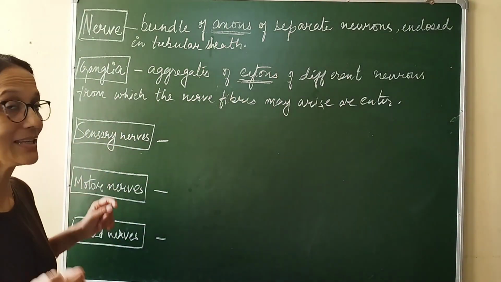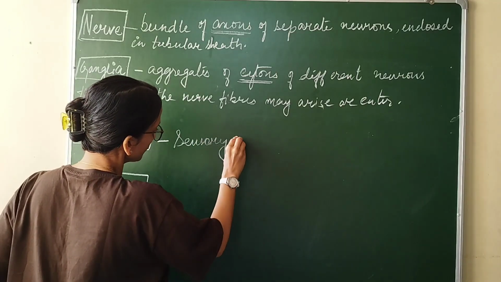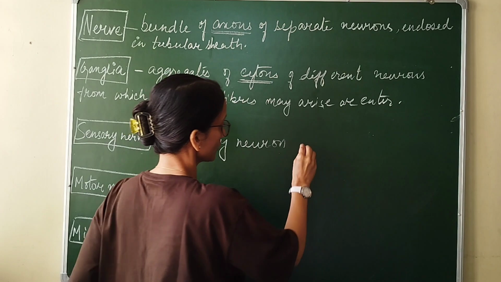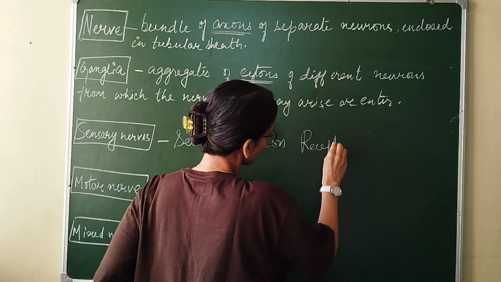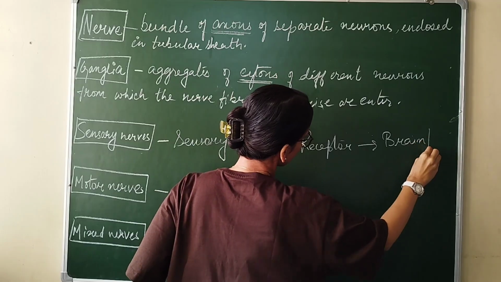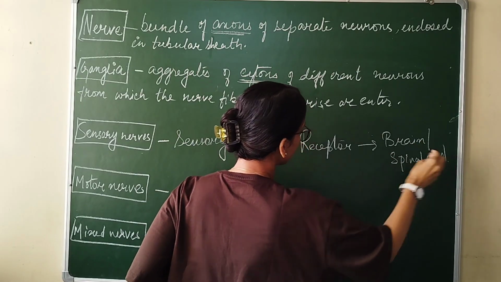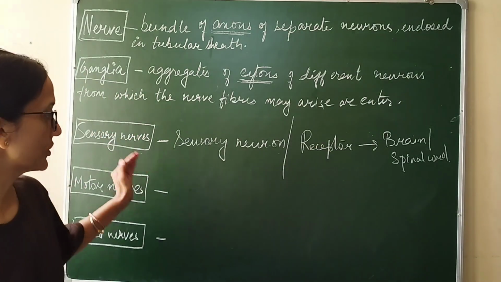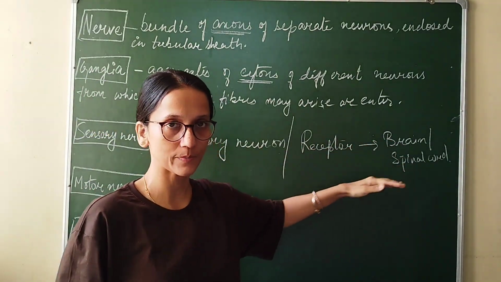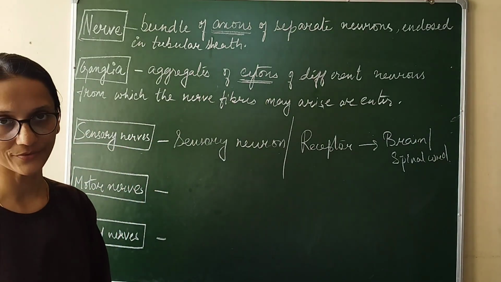The nerves which are only made up of sensory neurons have the function to carry information from the receptor to the brain or spinal cord. If a bundle is made up of sensory neurons and carries information from the receptor to the brain or the spinal cord, then that bundle of sensory neurons will be called a sensory nerve.